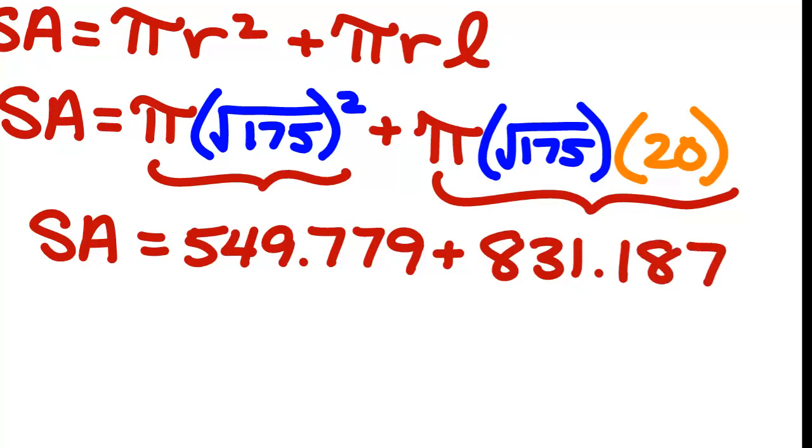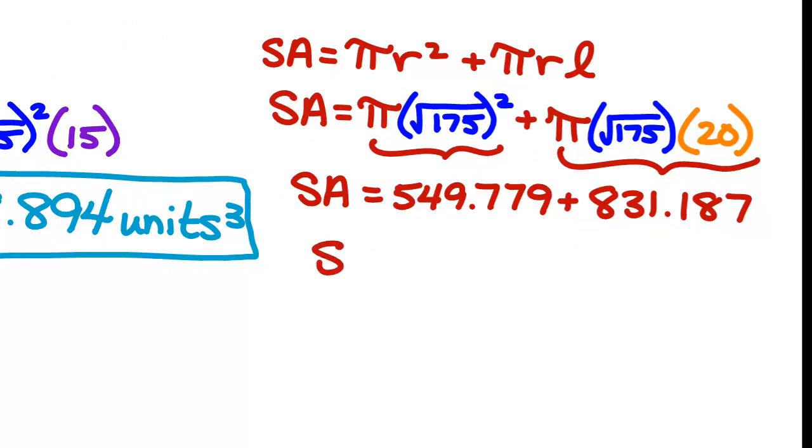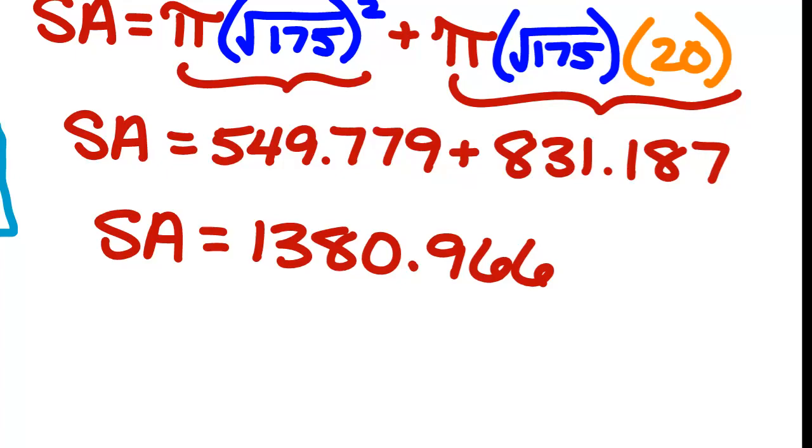All right, there's our lateral surface. Then we add those two together to get our total surface area. That would be, what, 1380.966. Can somebody please double check me? I'm adding in my head here. Okay, awesome. And that would be units squared.